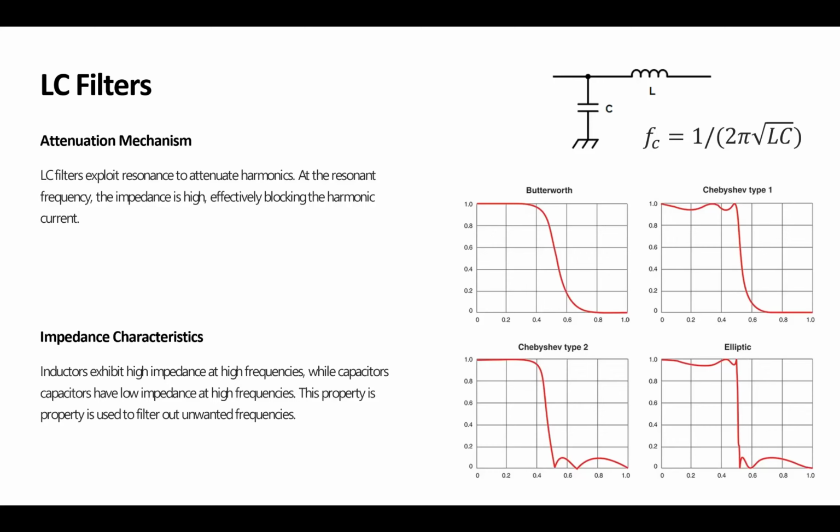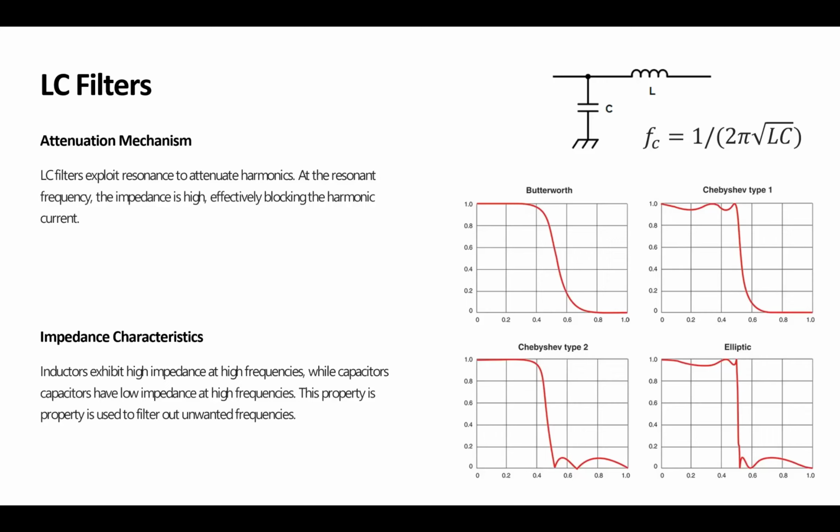LC filter doesn't mean that you have one capacitor and one inductor. You could have a more complicated circuit, but it could eventually be described with an LC filter. This is the equivalent, simplified version of that complicated system. There are different types.